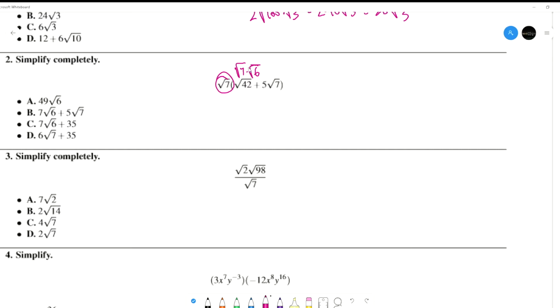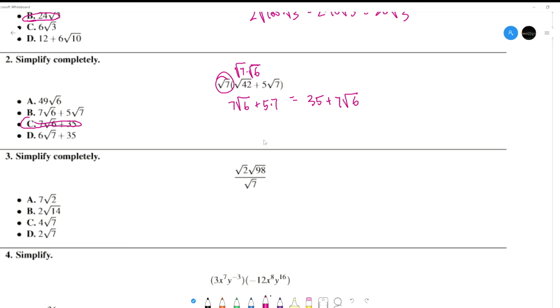When I distribute this, radical 7 times radical 7 is 7, and then radical 6 plus 5 times 7, so my answer here is 35. This is equal to 35 plus 7 radical 6, which is answer C. And the previous one was B. Should circle that, right?